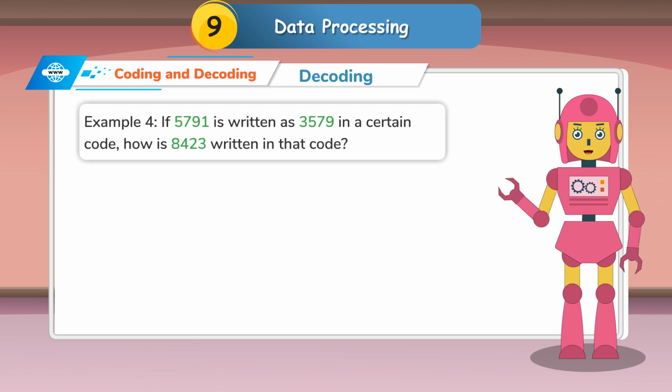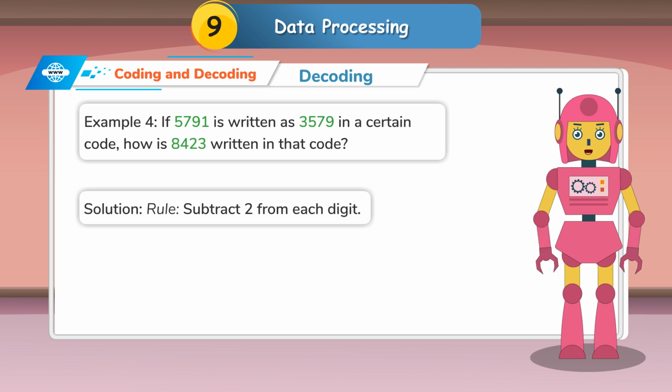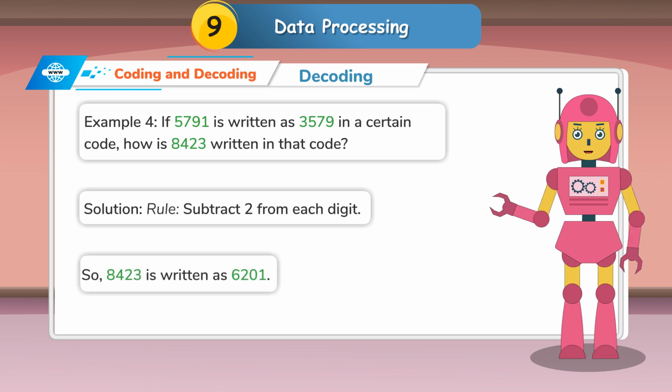If 5791 is written as 3579 in a certain code, how is 8423 written in that code? Solution rule: subtract 2 from each digit. So, 8423 is written as 6201.